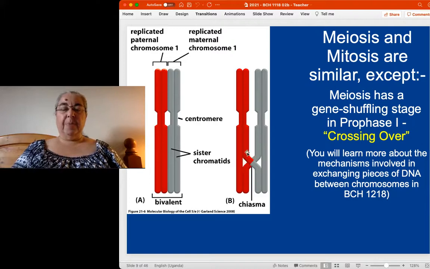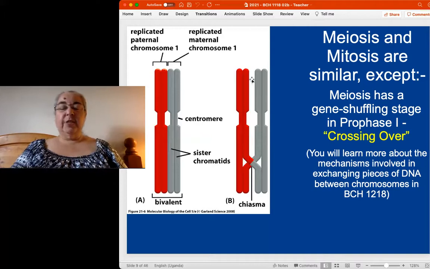So when these separate again, we will have a red chromosome with a small piece of grey, and a grey chromosome with a small piece of red. And this process happens at many places along the chromosomes. It's not just one crossing over event, as we're illustrating here. We have many crossing over events.